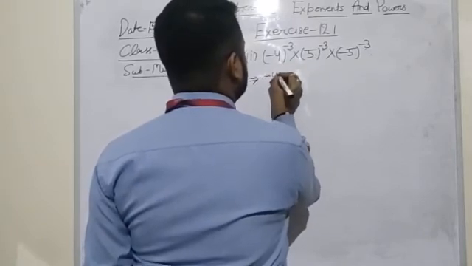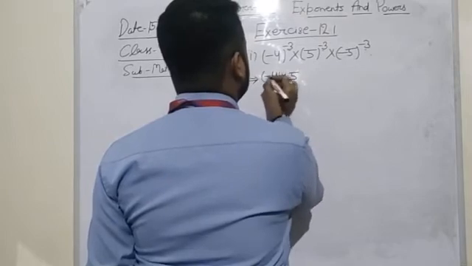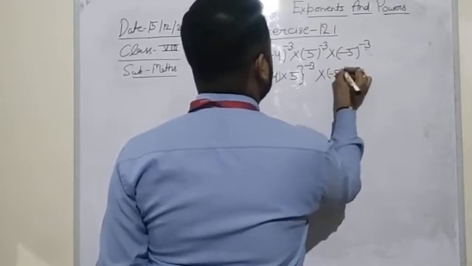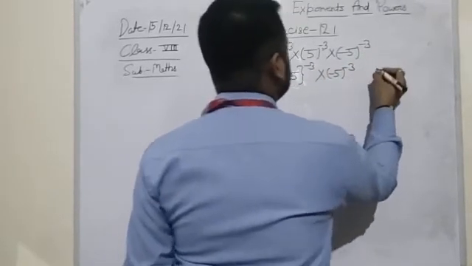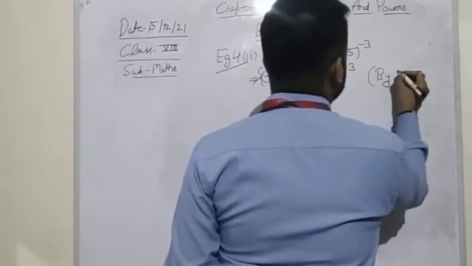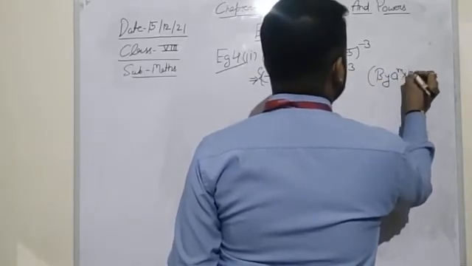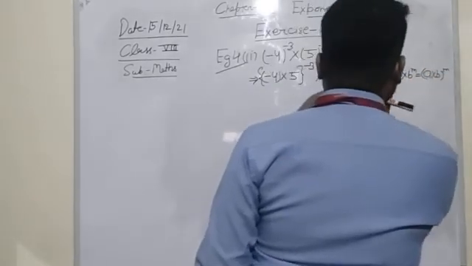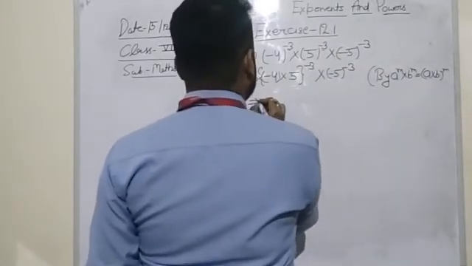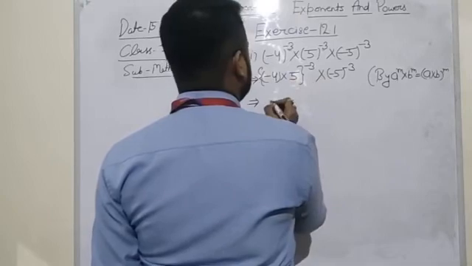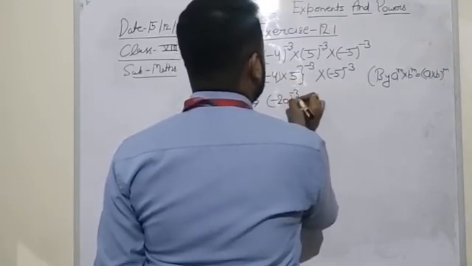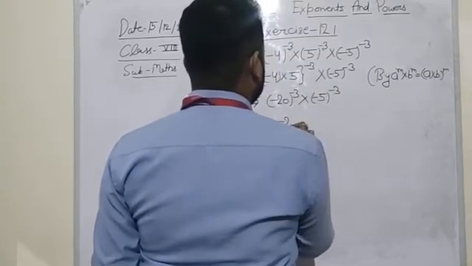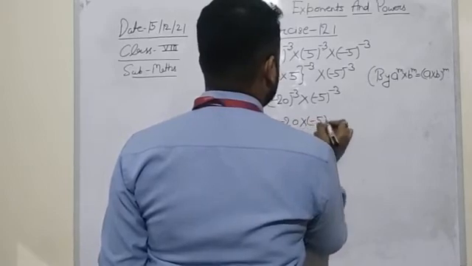So here we apply minus 4 into 5, minus 4 into 5 whole to the power 3, into minus 5 to the power minus 3, by a to the power m into b to the power m is equal to a into b whole to the power m. Minus 4 into 5, that is minus 20 to the power minus 3, into minus 5 to the power minus 3. So here we again apply the same formula.